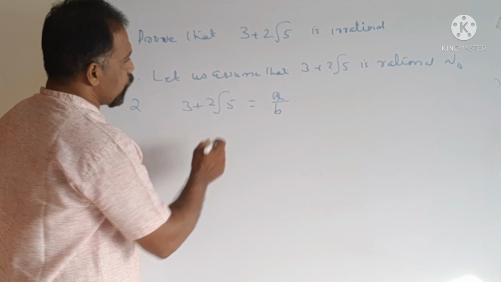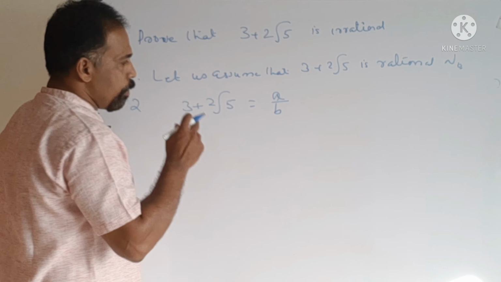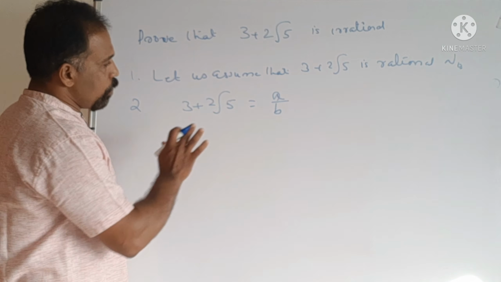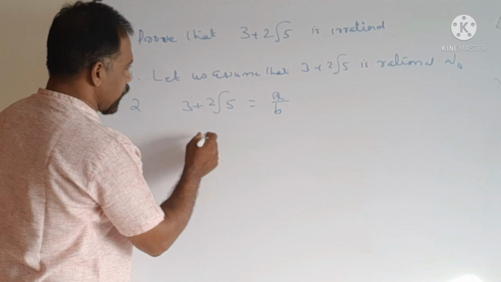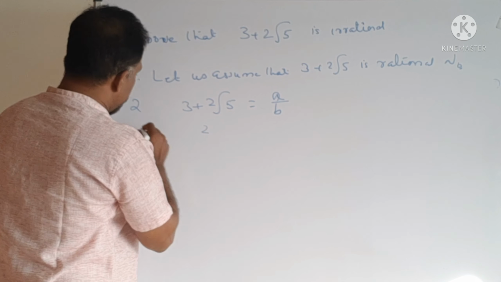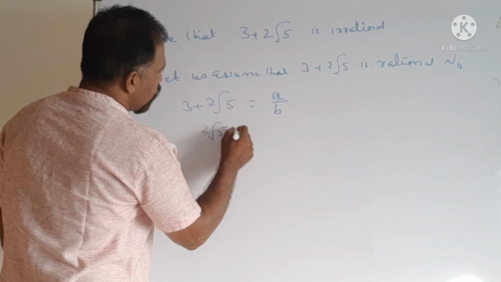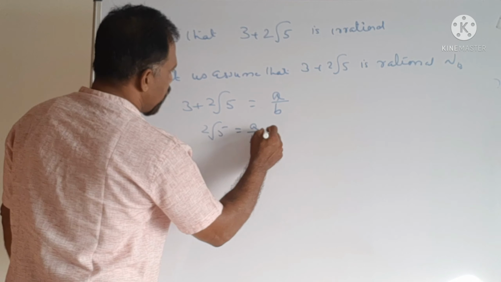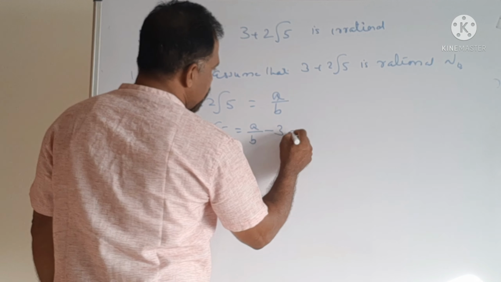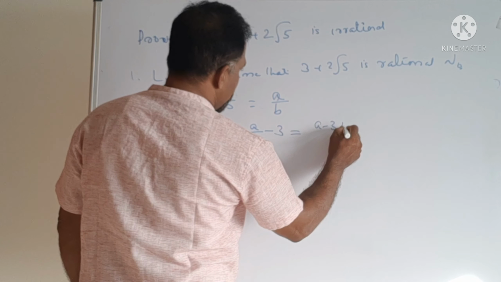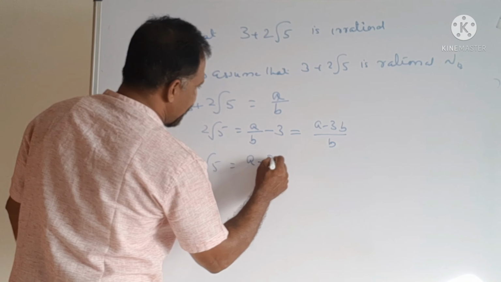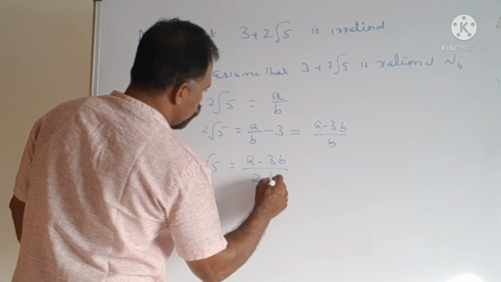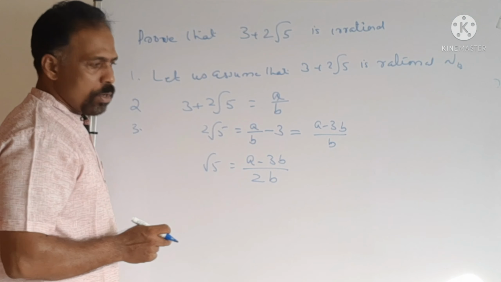Now we need only root 5 here, we don't want anything else. So we will move all those things to the right hand side. So 2 root 5 is equal to a by b minus 3. This can be written as a minus 3b by b. Therefore root 5 can be written as a minus 3b divided by 2b, because this 2 will go down.